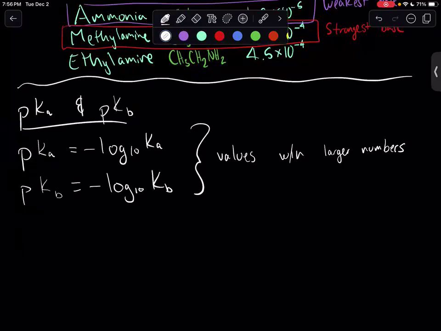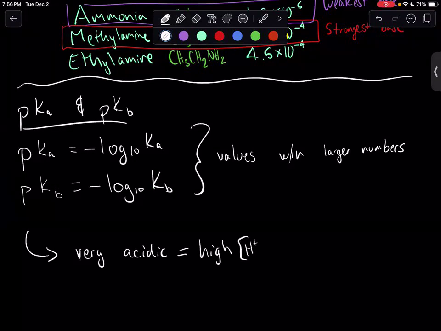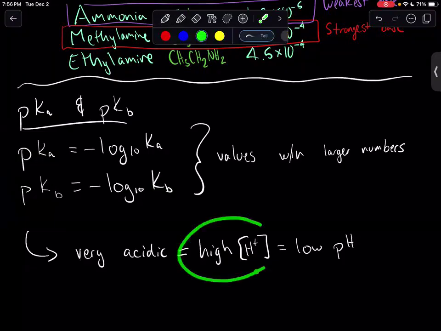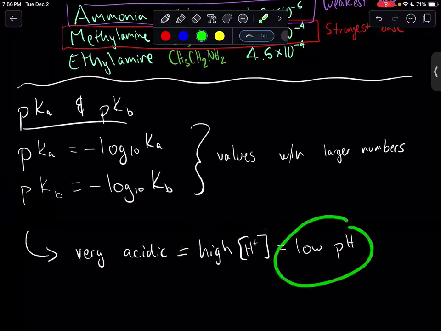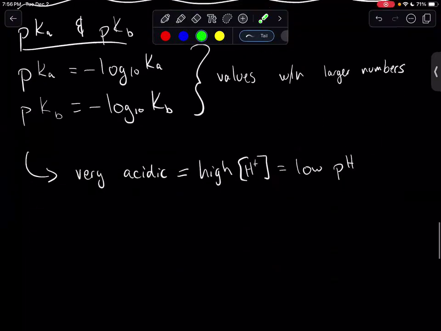And what we'll find out is much like if we have something very acidic, it has a high concentration of H+ and therefore a low pH. So basically what this means is that the higher the value we plug in, the lower our p value will be. So we can see this when we do an example.